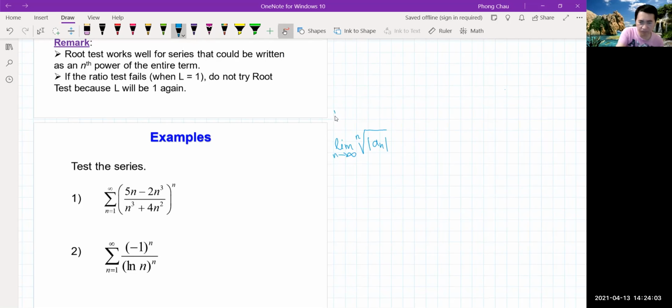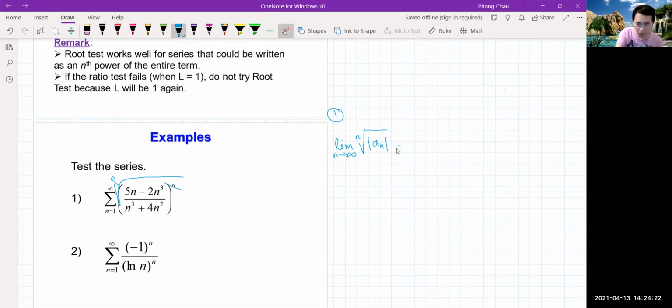Right, so that is problem number 1 here. Now, what it means is I take the nth root of this quantity. So what do you think you get if you have the nth root of this? Right, the nth root and the nth power cancel out.